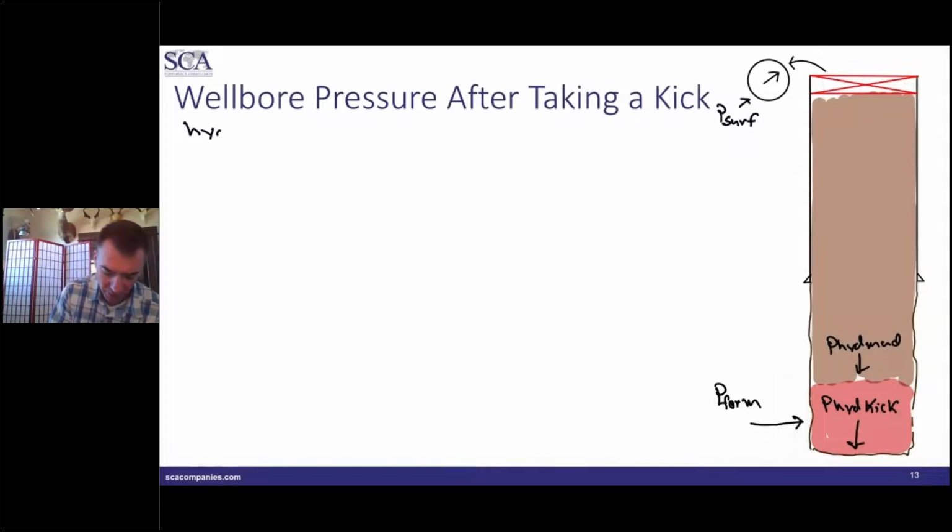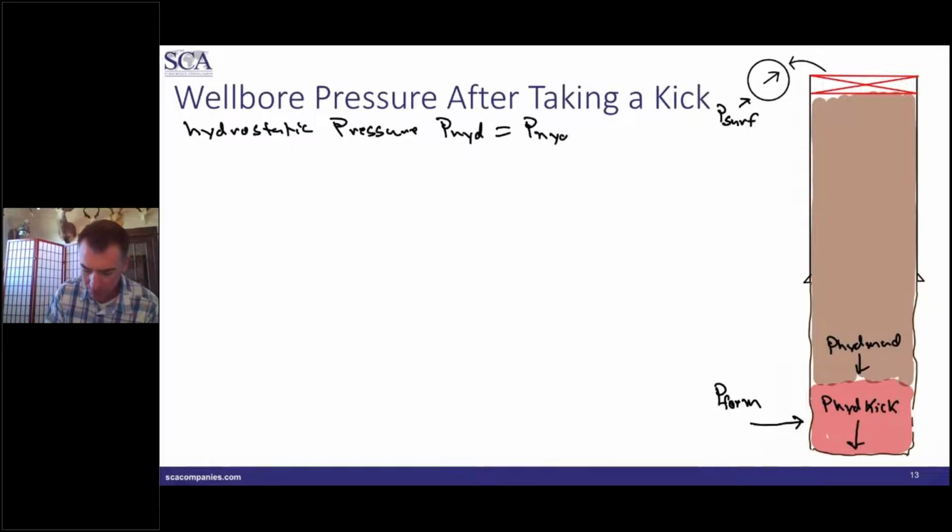The hydrostatic pressure in the well bore, and that, again, I'm going to call that P hyd. In this case, the hydrostatic pressure is equal to P hyd of the mud plus P hyd of the kick. Okay, two columns of fluid.